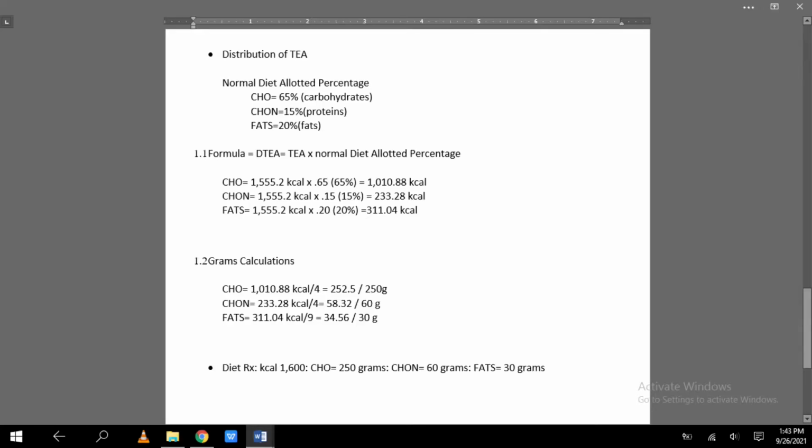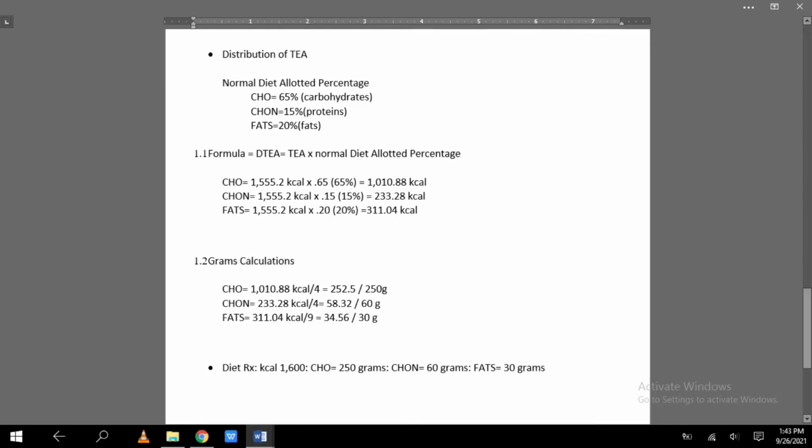So next is gram calculations. For carbohydrates, the distribution of TEA is 1,010.88 kcal divided by 4 is equal to 252.5 grams, and we rounded it to the nearest form, which is 250 grams. Next is proteins.